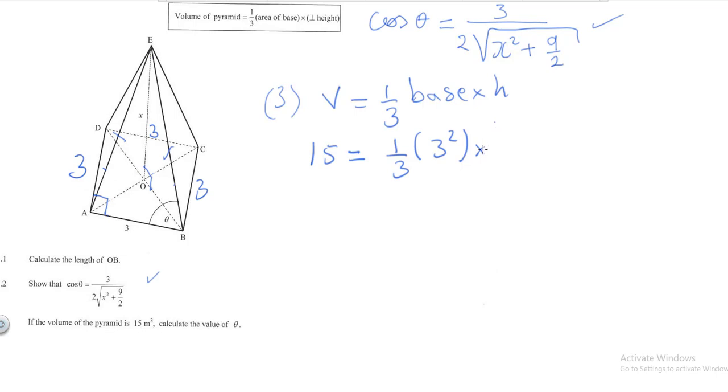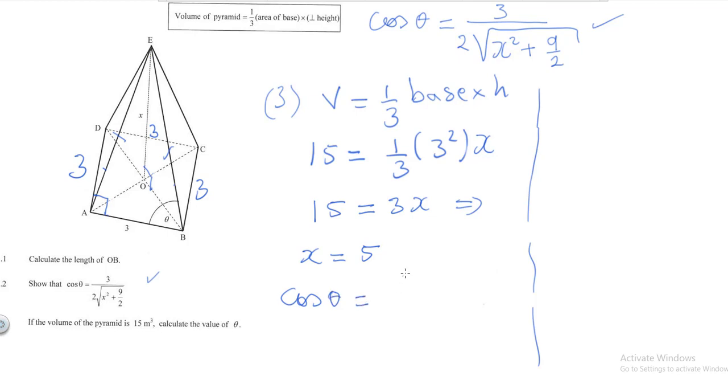No, the height is what? X. So we say the height is X. So what is going to happen here? We'll have 15, and if you calculate here, we have 3x. So this will give us x equal to 5.